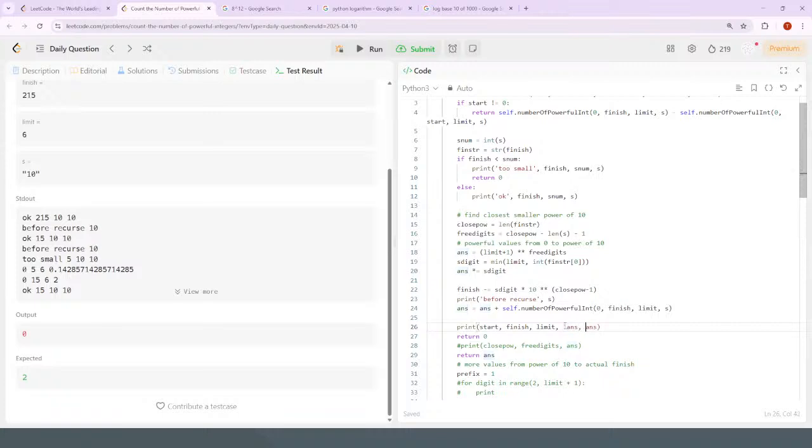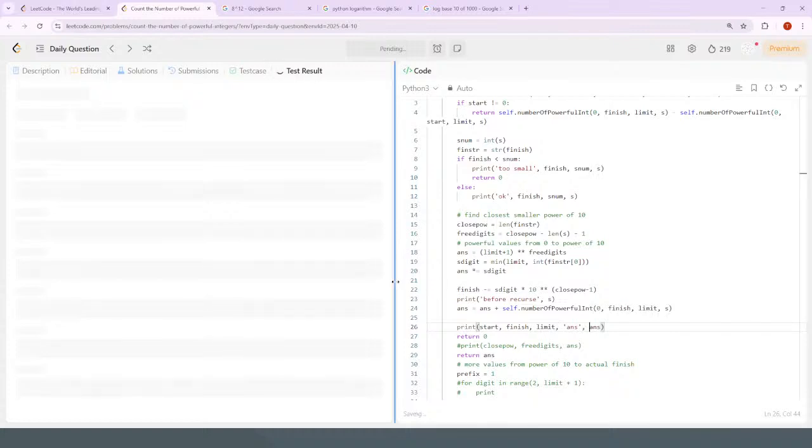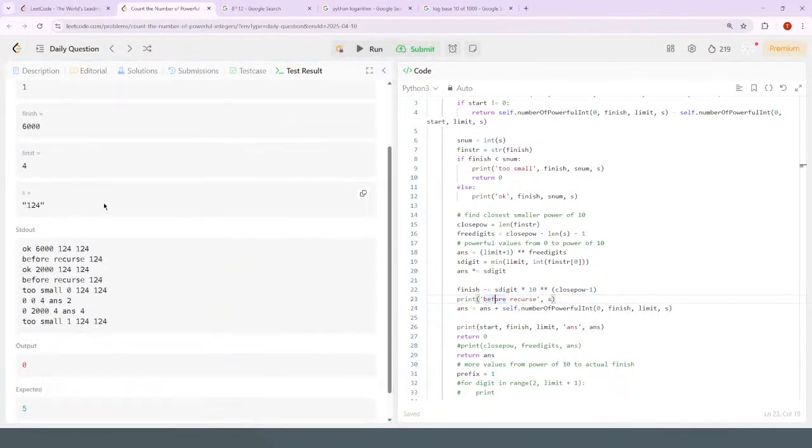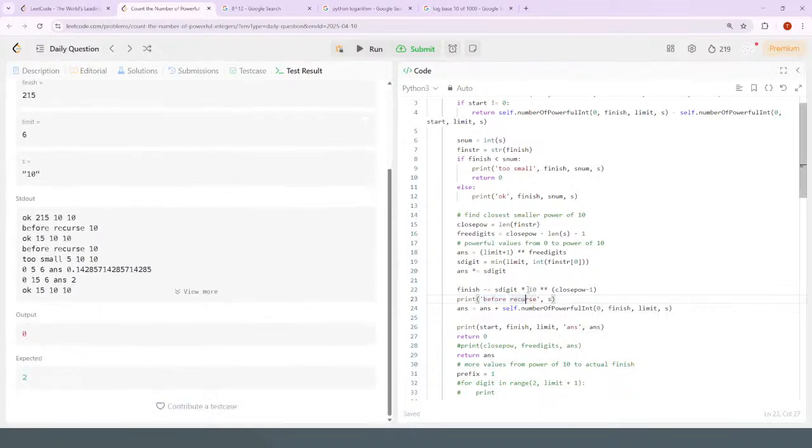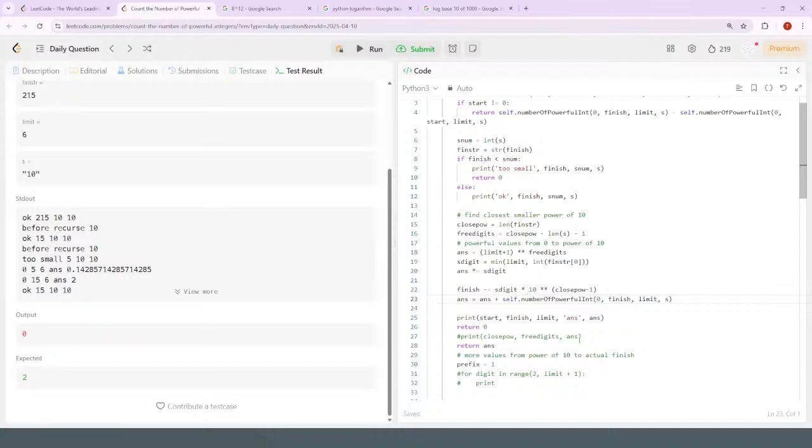So let's go answer. So close, so close. Okay, so why did the answer become a decimal? Because that should have returned too small 0. So 0 answer plus 0.